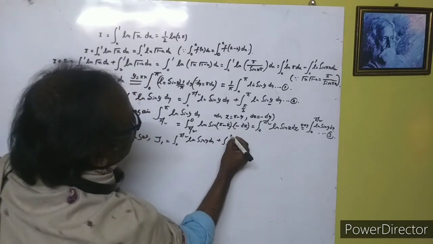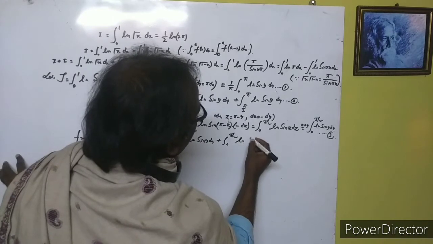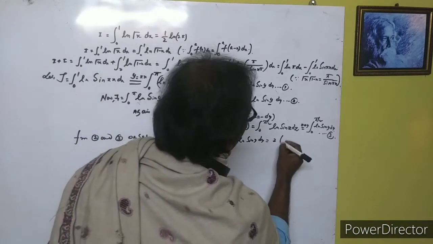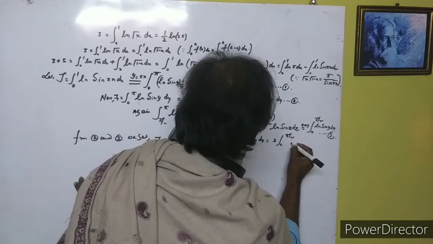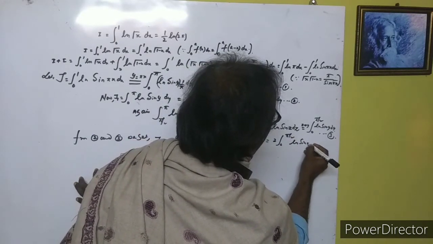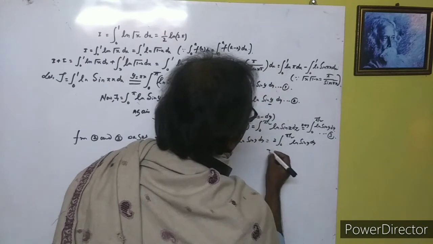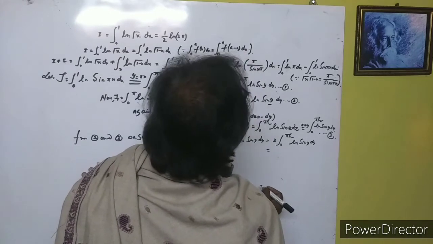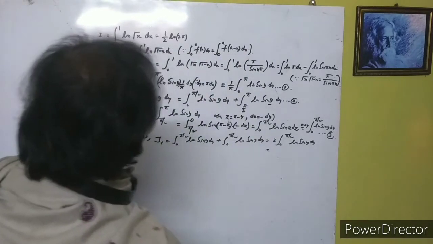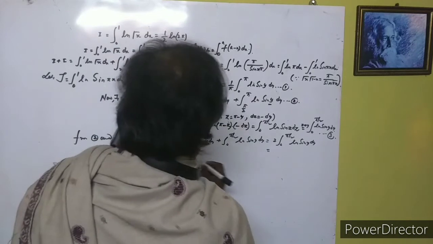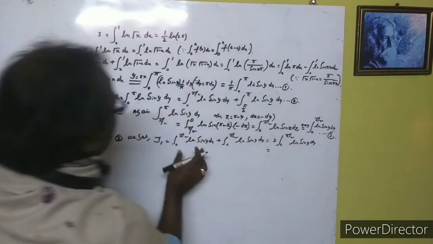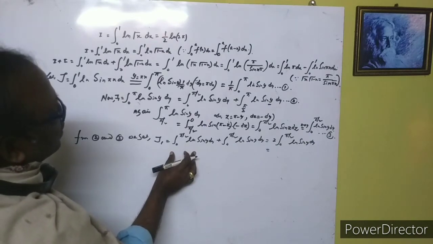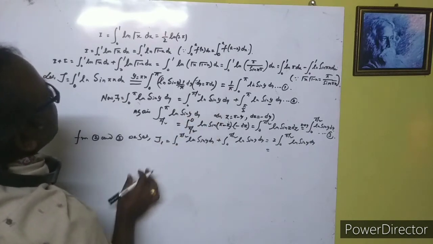So the integral is twice the integral from 0 to pi by 2 of ln sin y dy. It can also be written in the variable x. This is J1.